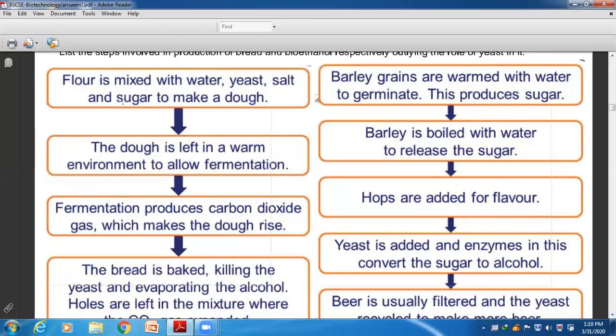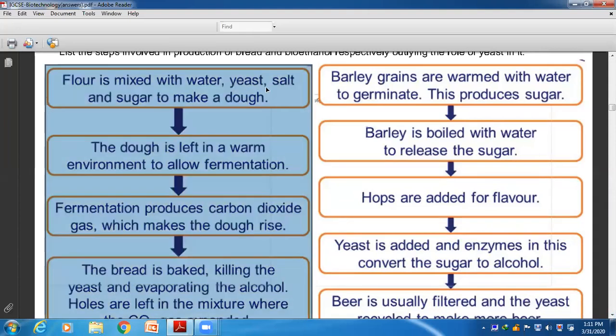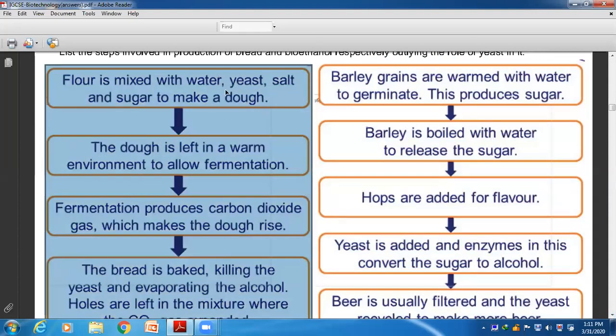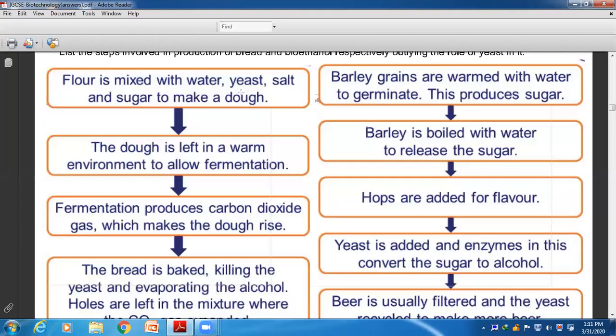Anaerobic respiration is the process in which the breakdown of glucose happens in the absence of oxygen, and the product in which we are interested is carbon dioxide. It gives carbon dioxide plus ethanol, but here I am interested in the production of carbon dioxide.